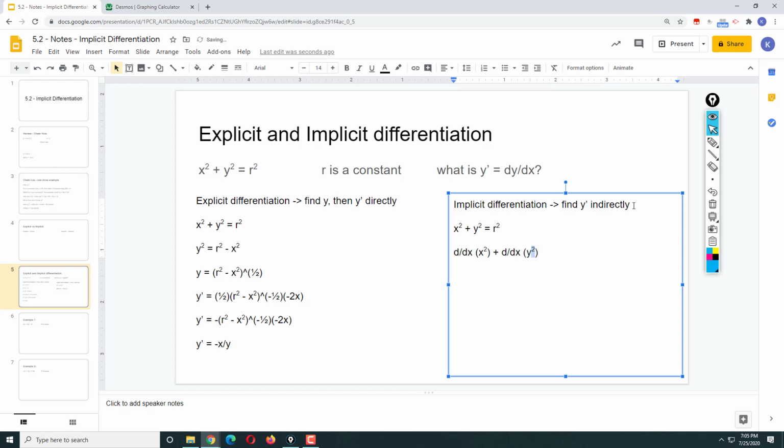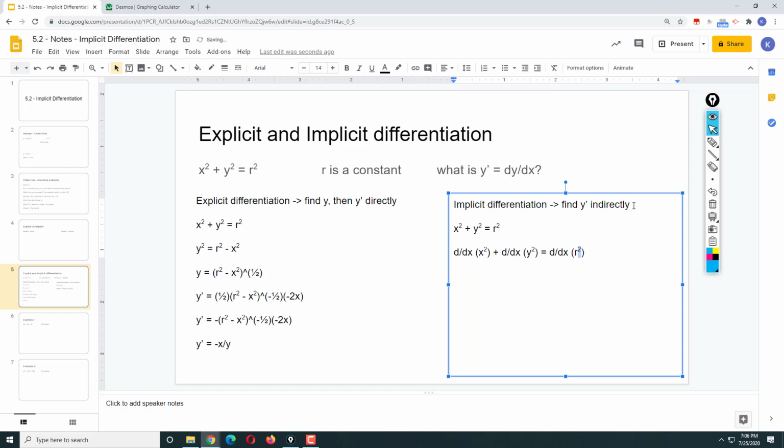I can split them up because the derivative of a sum is the sum of the derivatives. Like the derivative of x plus 3 with respect to x is just 1, because the derivative of x is 1 and the derivative of 3 is 0. That's equal to the derivative of r squared with respect to x.